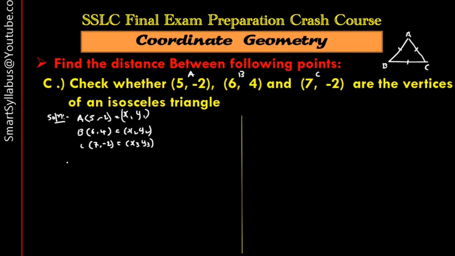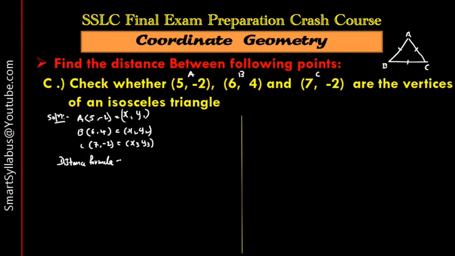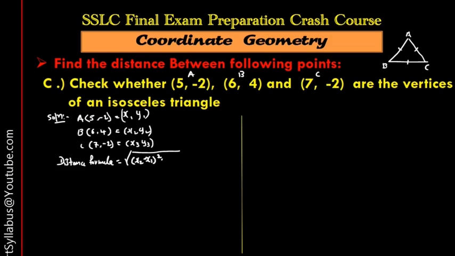The distance formula is equal to the square root of x2 minus x1 the whole square plus y2 minus y1 the whole square. Now first we are finding the distance between A and B.